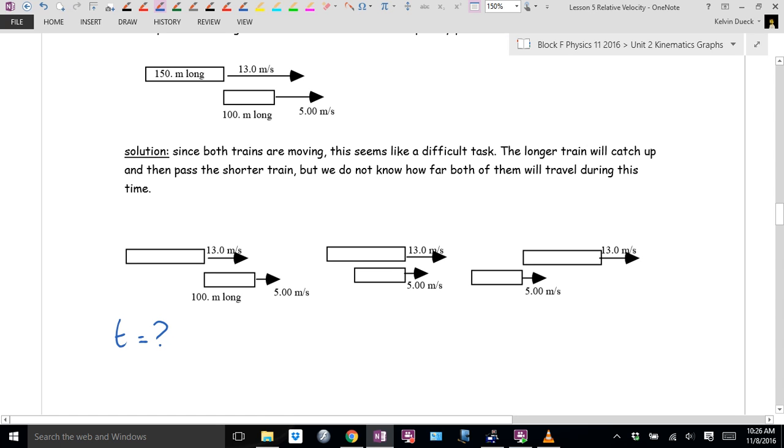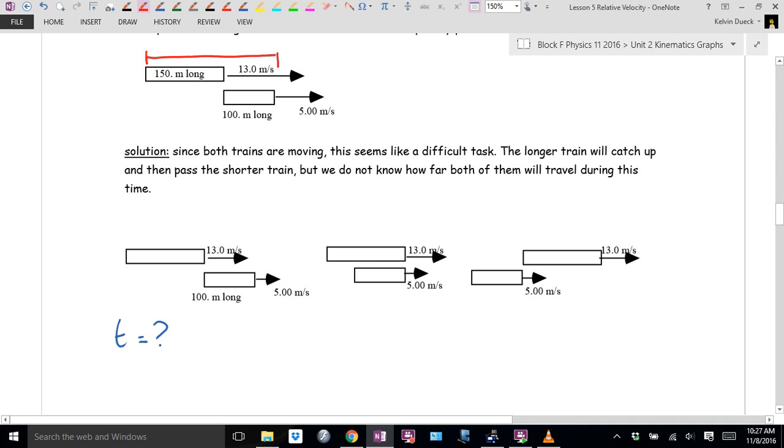Now, here's my argument. Follow closely. I'm going to argue that the definition of the back train passing the front train is, Krisha, the back end right here has to pass the front end of the front train. That's passing.